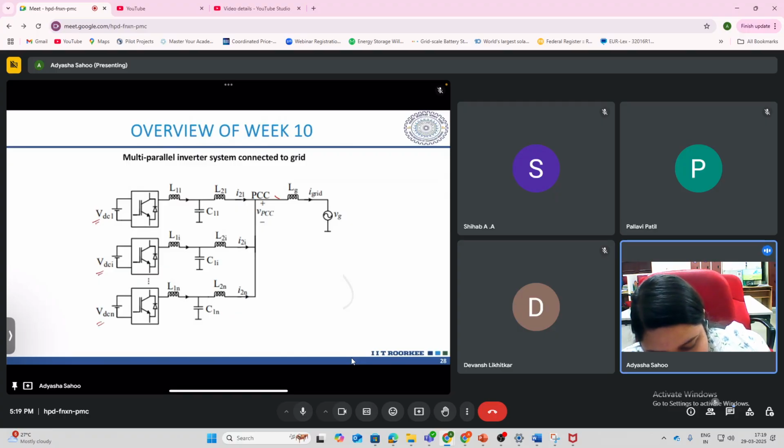This is the total current that is flowing to the grid side, I grid, which is the summation of the individual inverter currents. From i equal to 1 to n, the sum will give you the total current that is being injected to the grid side.